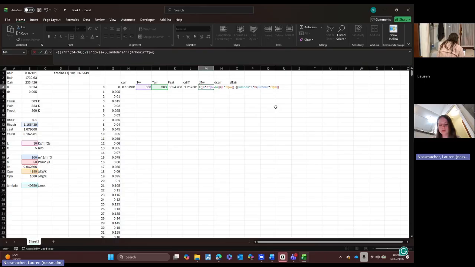And that is multiplied by our PSAT divided by our R value. Our R value multiplied by our temperature of our water, minus concentration of our air.